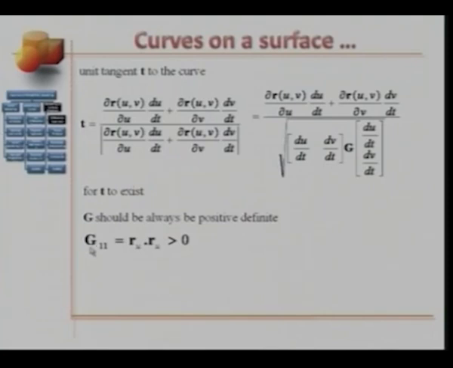The first principal minor, G11, as you know, is given by r sub u dotted with r sub u. And for r sub u not equal to 0, this dot product is always greater than 0. So the first principal minor of G is positive.